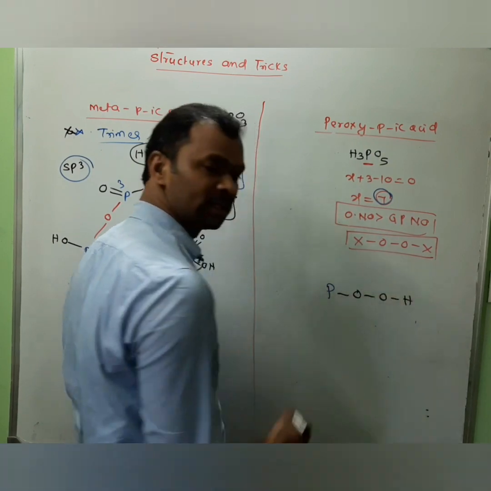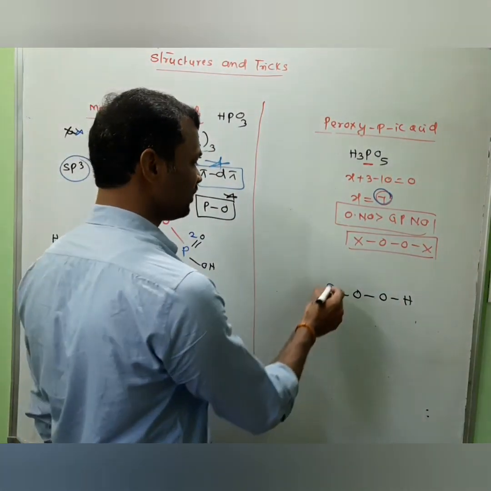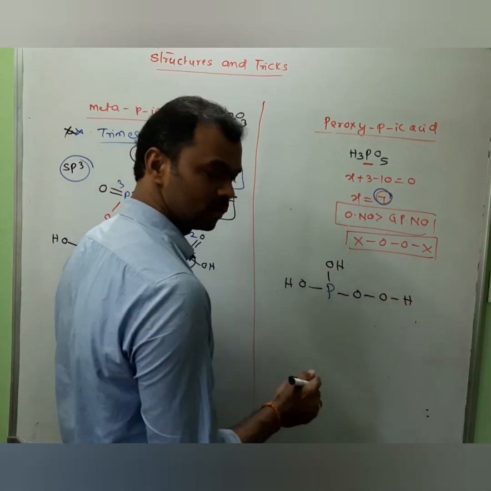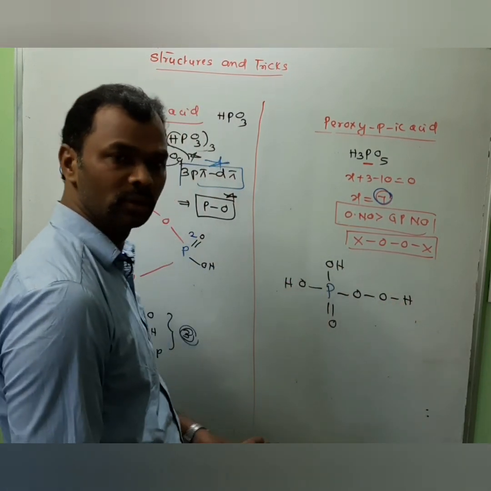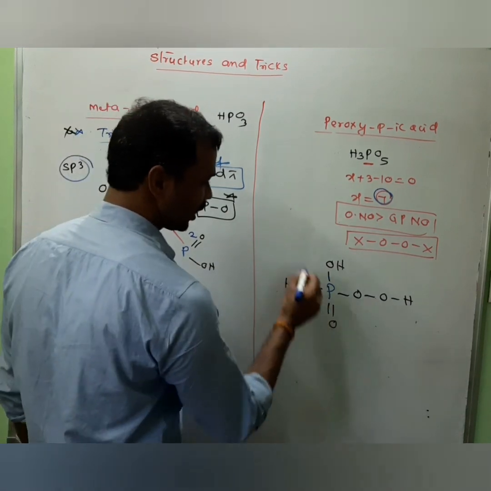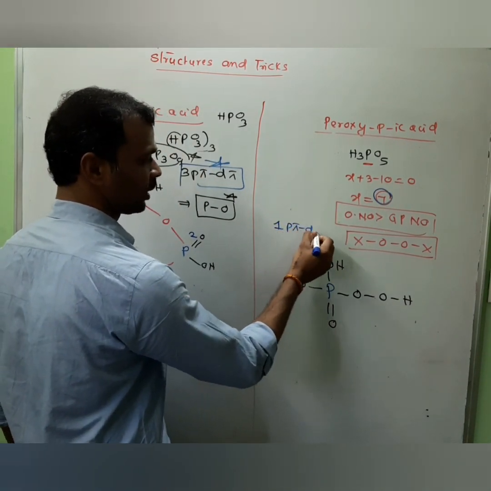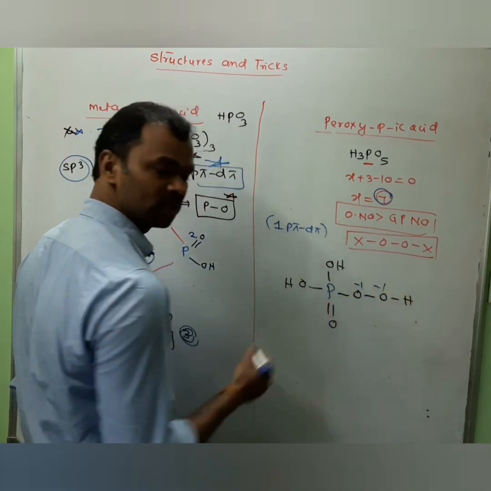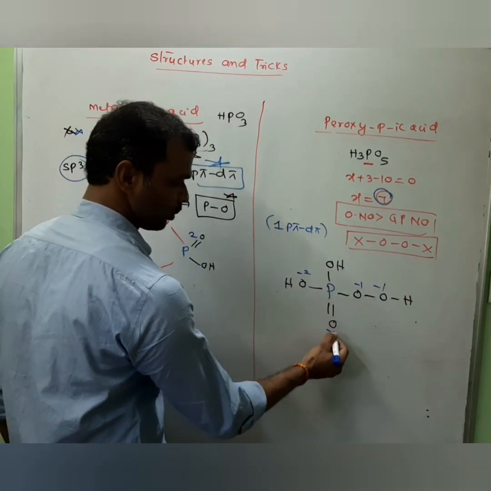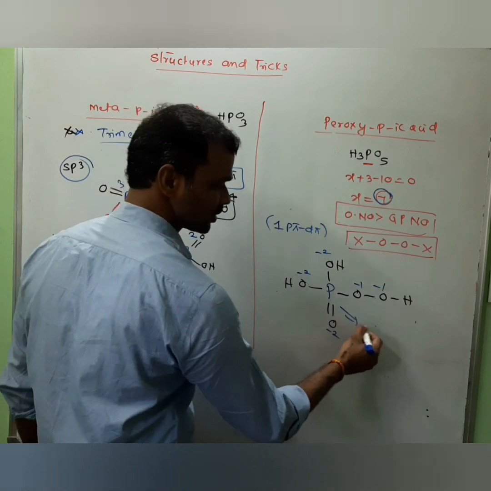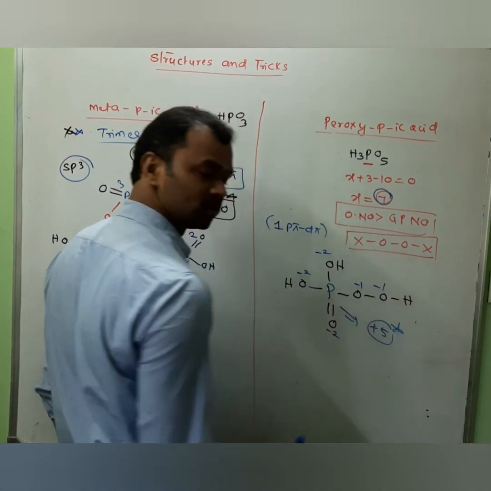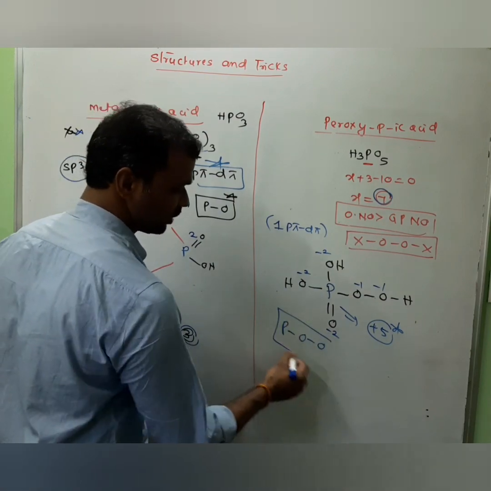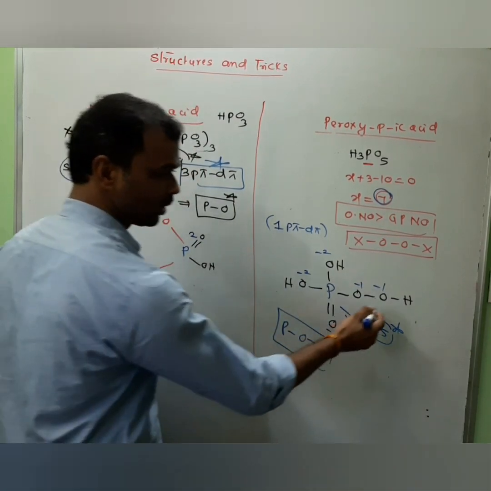Basicity will be 3, out of 3 OH groups, 1, 2, 3, and the last one is a double bond. If you observe very clearly, we have one p pi d pi bond. So this is -1 for the peroxy linkage, and this is -2, -2, -2. The oxidation state of phosphorus is +5. Here we have the P-O-O-H peroxy linkage present.